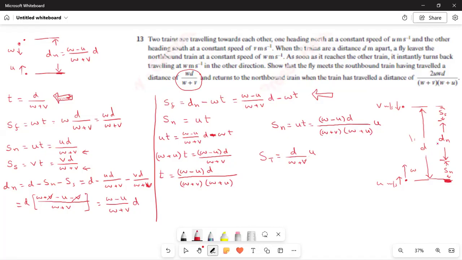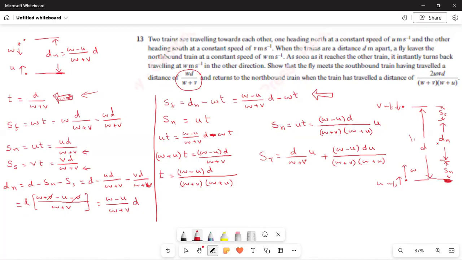We know that the time was this much and the speed was U, so this is the total distance traveled in the first interval, the time interval in which the fly moves from the northbound train to the southbound train. Plus this, which is (W minus U) into D into U over (W plus V) and (W plus U). This is the time when the fly moves back. So this is the total time given to the train, and the train has traveled this much distance.